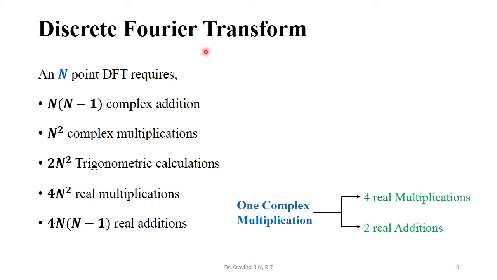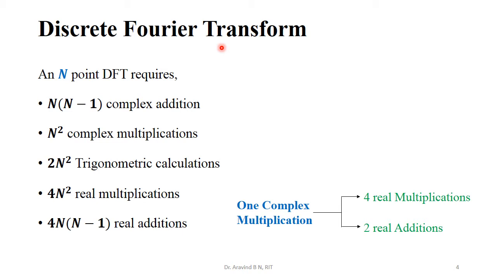One thing we have to remember is that the answer of the discrete Fourier transform as well as the fast Fourier transform remains the same. Only the calculation procedure is going to vary, and the fast Fourier transform we are going to derive from the basic formula of the discrete Fourier transform only.